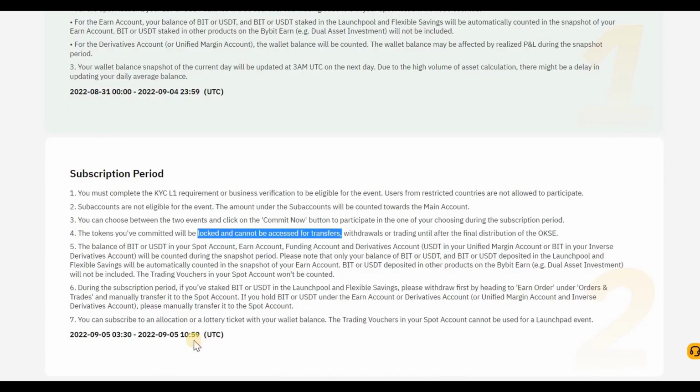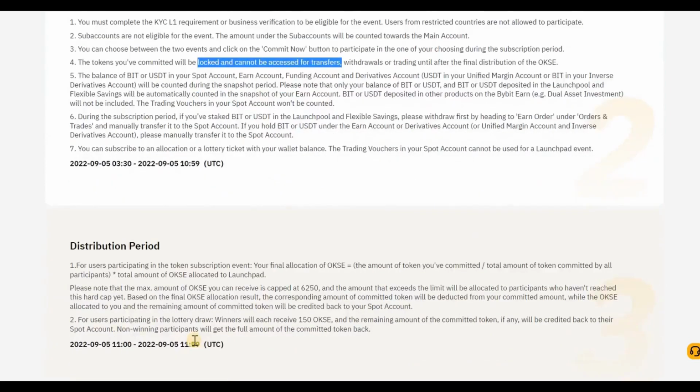The next timeline is going to be the distribution period. In this section, Bybit is going to calculate the amount of tokens they are going to reward you, and the way Bybit calculates your final allocation is by dividing the amount you've committed by the total amount of token committed by all participants. And this would be multiplied by the total amount of OKSE allocated to this launchpad.